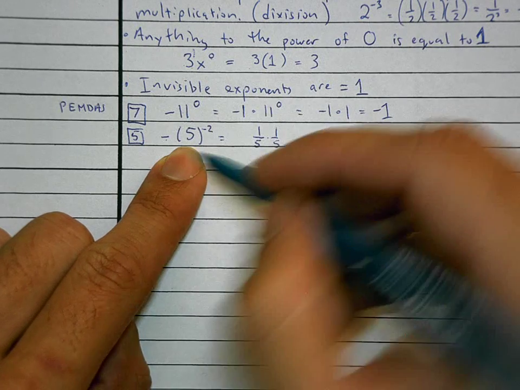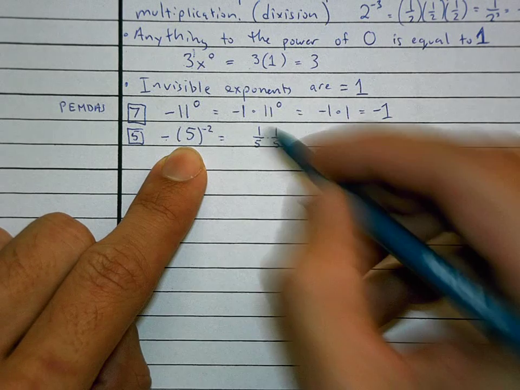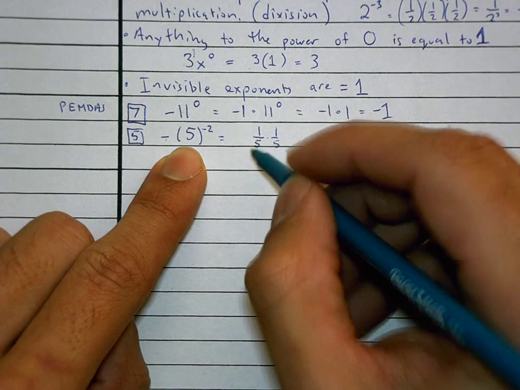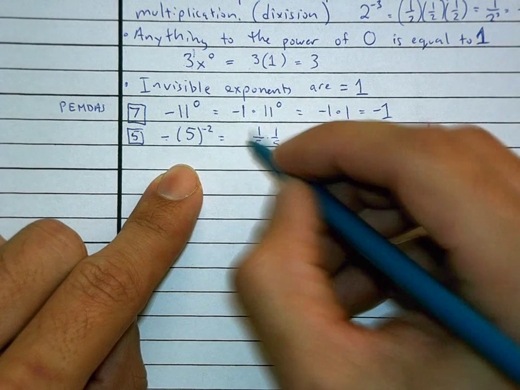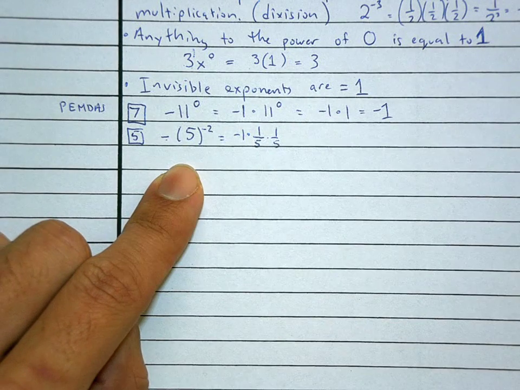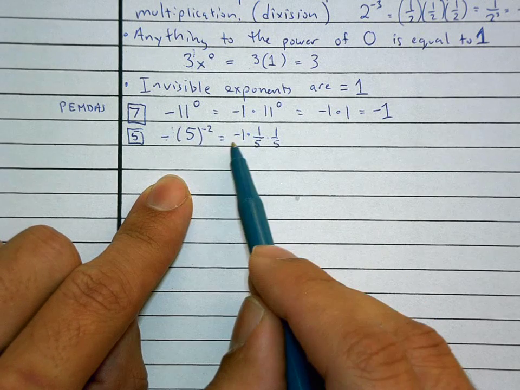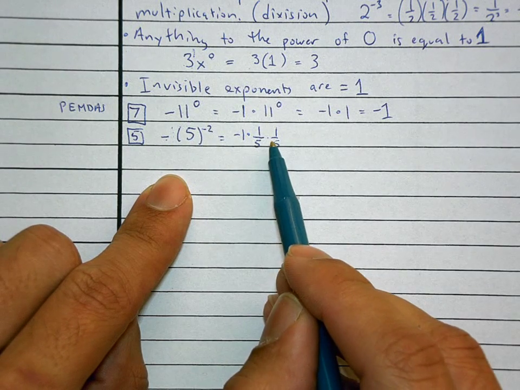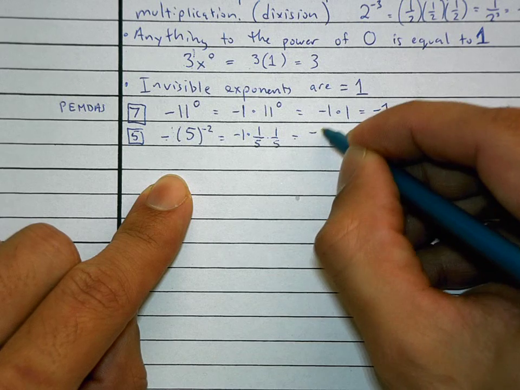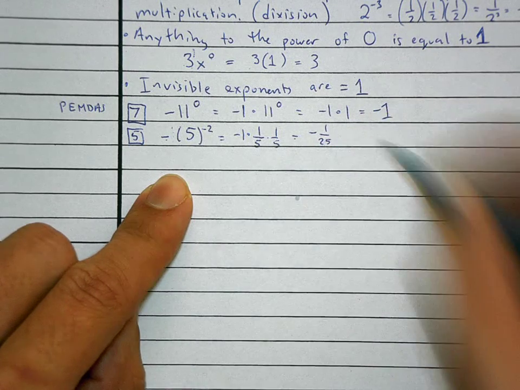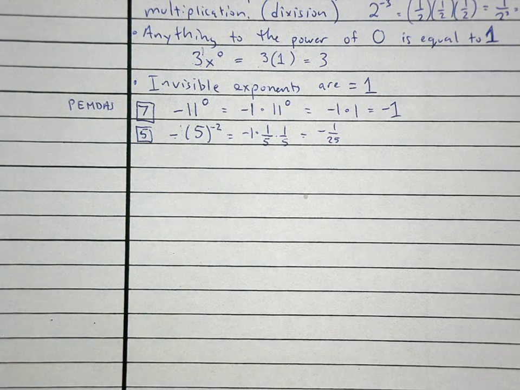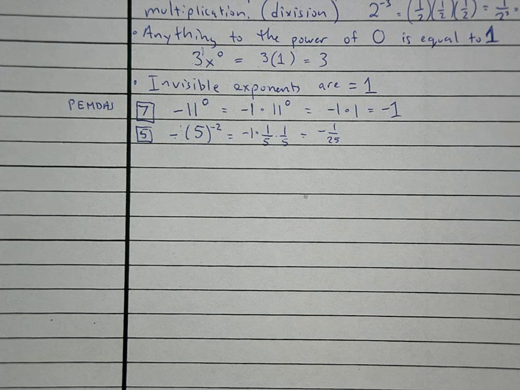And I'll write down a shortcut for that in just a second. But there's still this negative in front of it. And so what I have is this negative invisible 1 times 1/5 times 1/5 gives me negative 1 over 25. The correct answer, the final answer you should have, is negative 1 over 25.